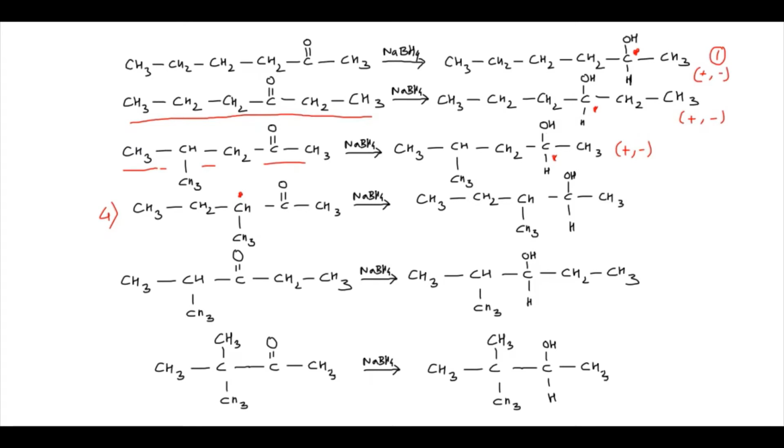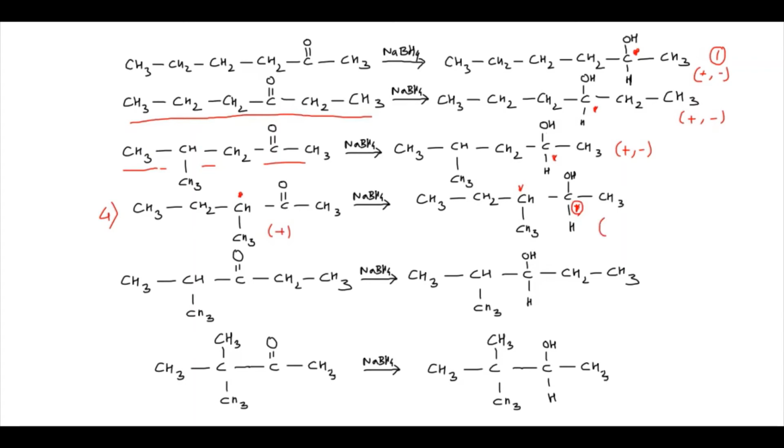Suppose we take the plus isomer. Now we react it with sodium borohydride, and of course a new chiral center forms here along with the old one. That means we now have 2 chiral centers, and the new chiral center could be either plus or minus. The probability is equal, so 2 different compounds are going to form.